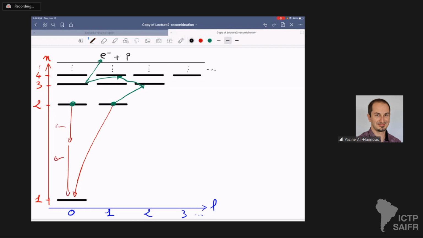So if I ask, starting from n equal 2, what are the end states, I can get photoionized, and we already talked about the effective photoionization rate from n equal 2, which accounts for these possible indirect pathways. It can be direct photoionizations, but it can also be indirect photoionizations. Or it can decay to the ground state through either Lyman alpha or 2-photon transition.